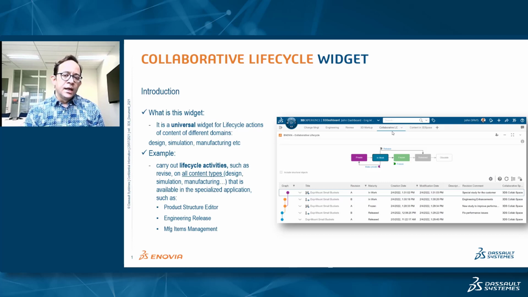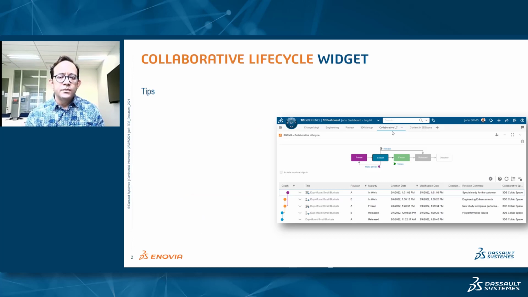Usually, when you want to run lifecycle activities which are already integrated in widgets like engineering release or product structure editor, these activities might be possible only on a specific type of content, such as products, but not the related content, such as simulation or manufacturing. That's why a single universal widget is important, as it allows you to do all these actions in a single place. So what we're going to see today is how we can personalize this widget.